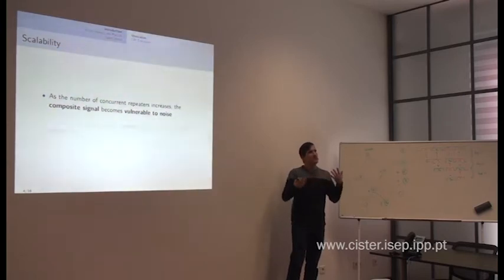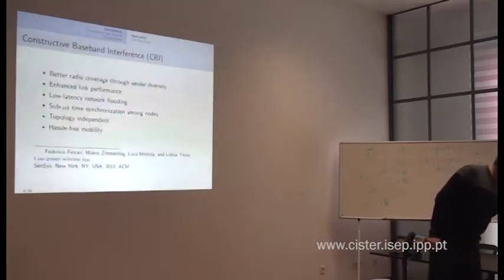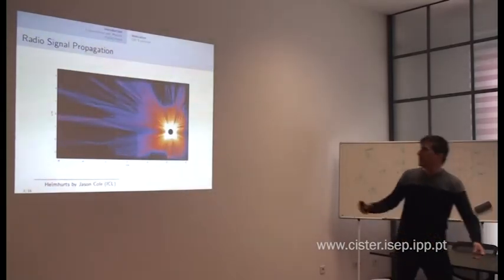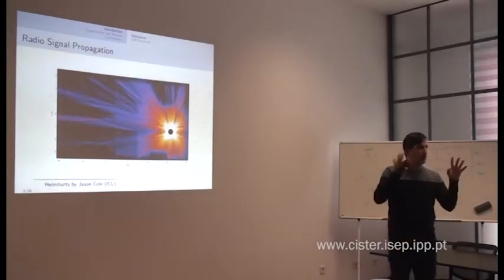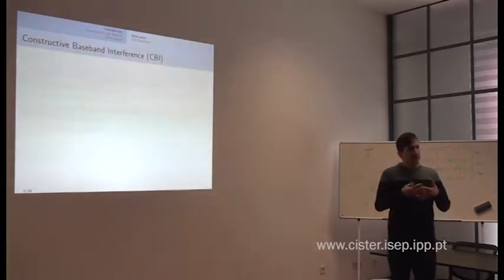From the physics perspective, instead of a simple superposition of all these waves, when the waves meet, they interfere with each other. I'm talking about the carrier wave. So we want to look at the scalability of constructive baseband interference from the perspective of the carrier wave when they add up.